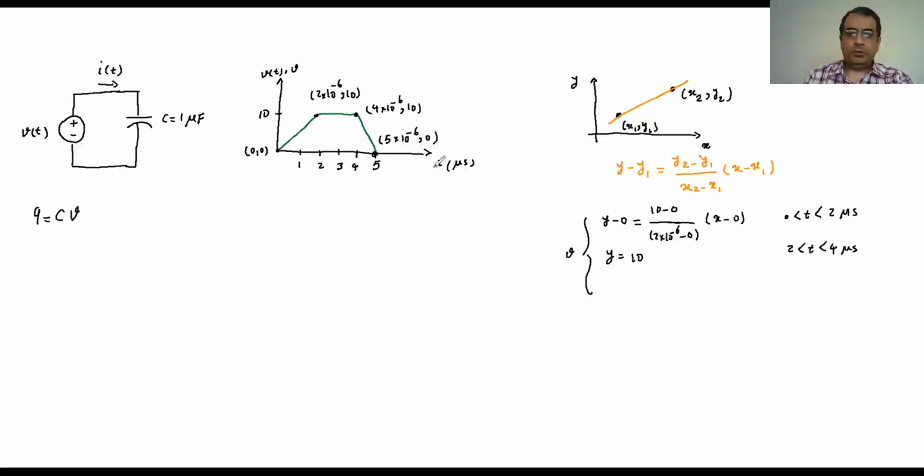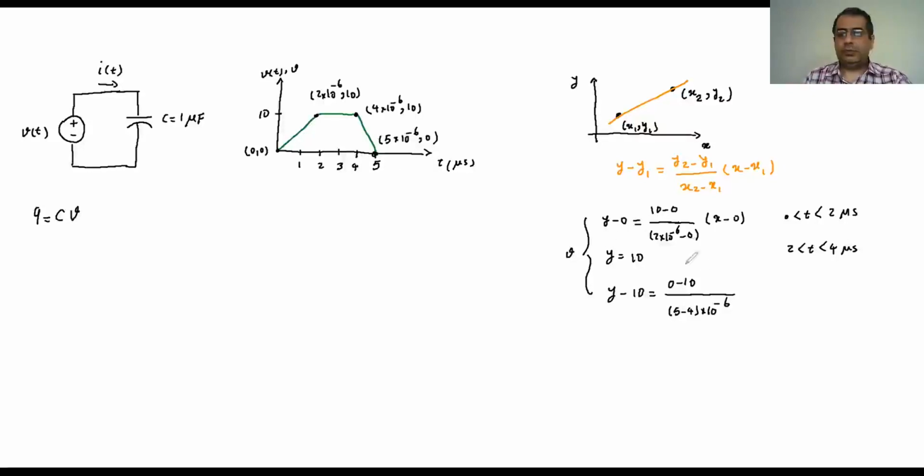So again, y2 minus y1, y1 is 10. y2 minus y1, so y2 is 0, y1 is 10, so it's going to be 0 minus 10. x2, which is 5, minus x1, which is 4, so it's going to be 5 minus 4 times 10 to the negative 6.